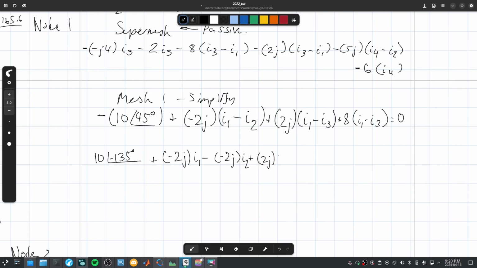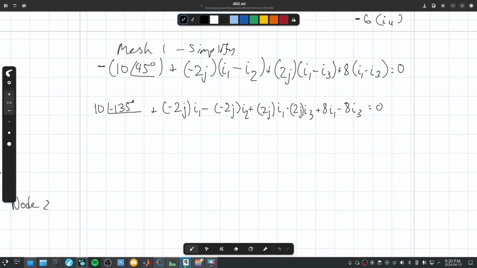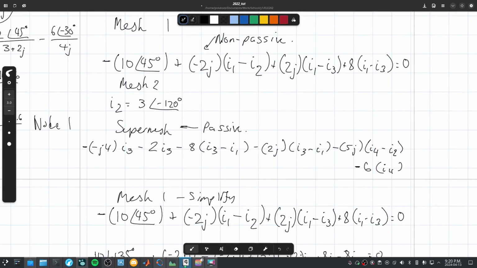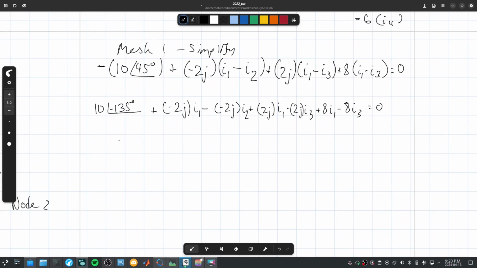So it's 2j I1 minus 2j I3 plus 8 I1 minus 8 I3 is equal to 0. Now we can substitute. Actually, yeah, we could substitute now for I2.